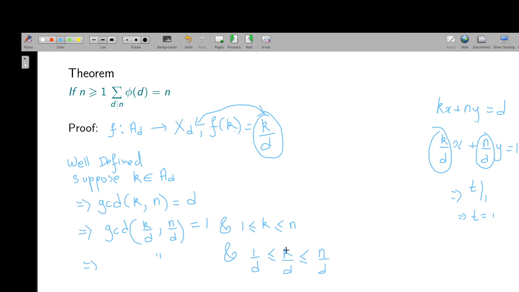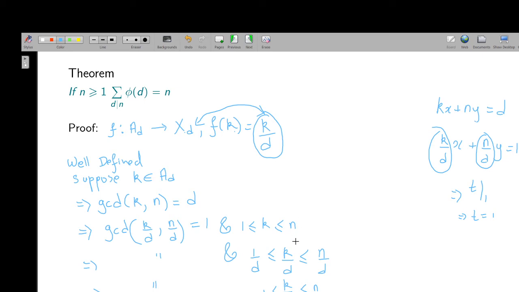And I know that k by d is a positive integer, so this is greater than or equal to 1 and less than or equal to n by d. So this tells me that k by d lies inside Xd.